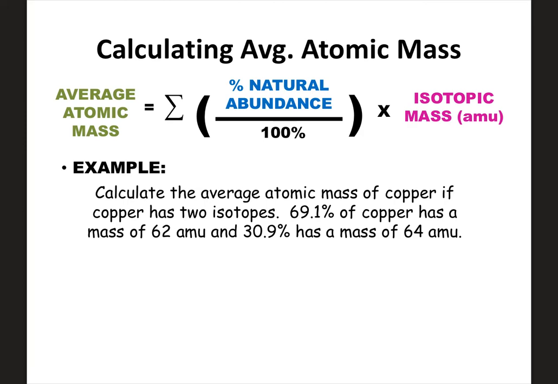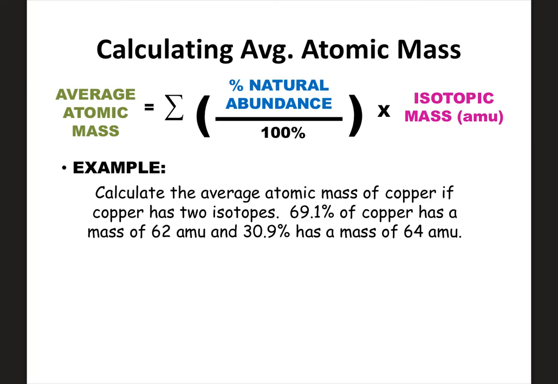The last thing you would do is add up all the numbers you got. So literally, calculating average atomic mass here is that simple. You just do decimal times mass for every isotope and then add them all up at the end. All right, so we're going to go here and try an example and use this equation. Again, you're not going to memorize this equation.